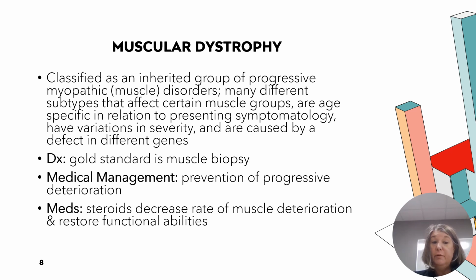They're going to need help with pain management for sure. Somebody's going to have to help them manage their pharmacological needs, essentially. A lot of times they'll be on steroid therapy. So there's a lot of considerations with this, and again, it goes back to age of the patient and severity of the MD.